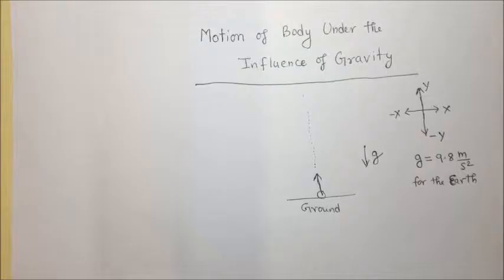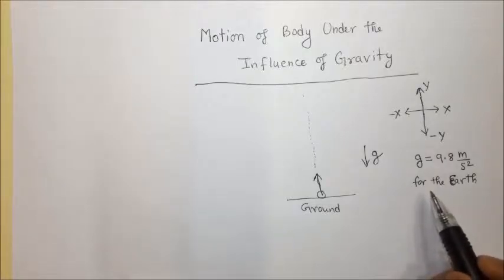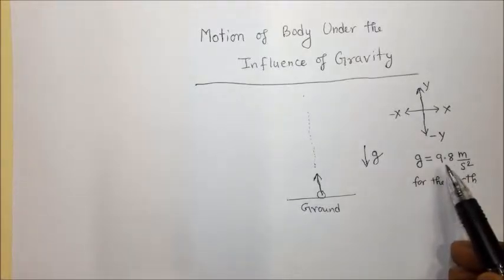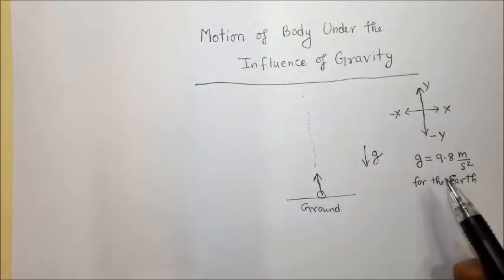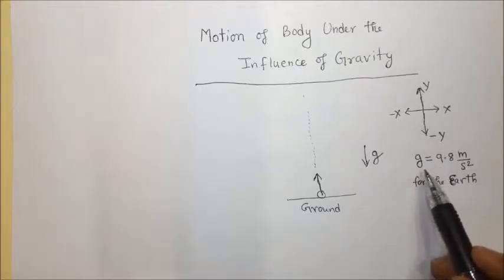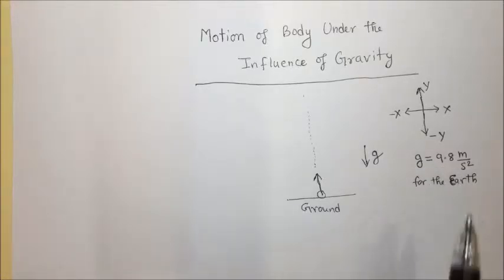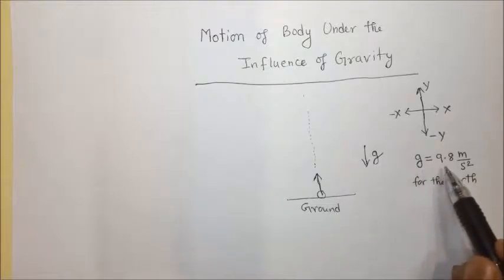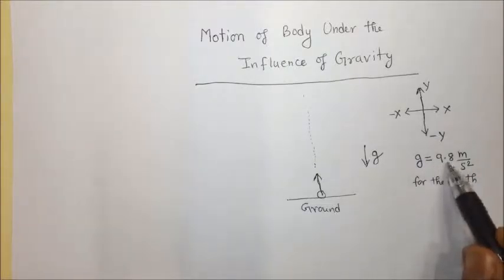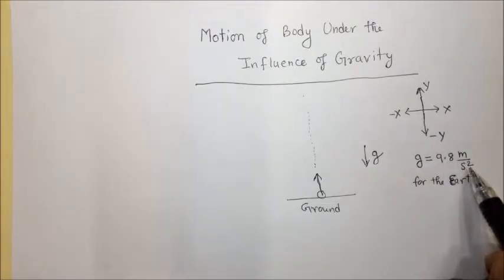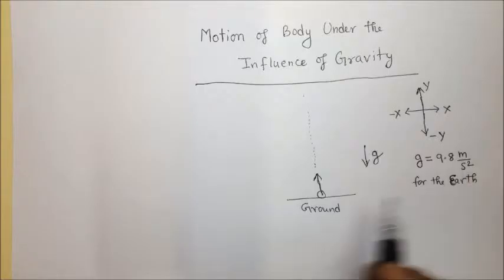It means when you go to the moon, the G will be different, or if you go to any other planet, the value of G will be different. But for this earth, G is approximately 9.8 meters per second square, right?